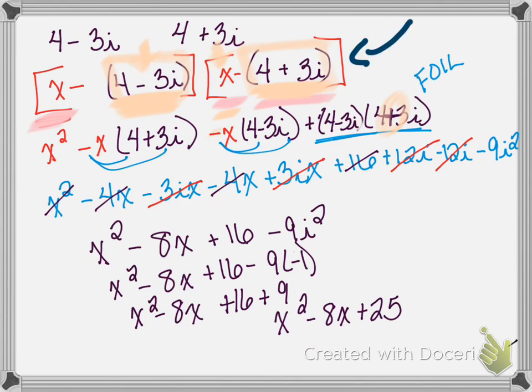Once you've got your factors, x minus 4 minus 3i and x minus 4 plus 3i, you multiply your factors together to get back to the original polynomial. So it is working a little bit different. Don't hesitate to reach out and let me know if you have other questions about that. This is one of the more difficult algebraic processes, so don't let this scare you too much.